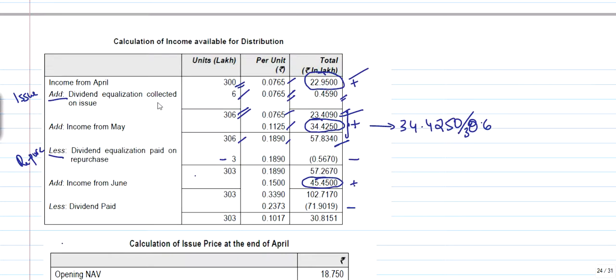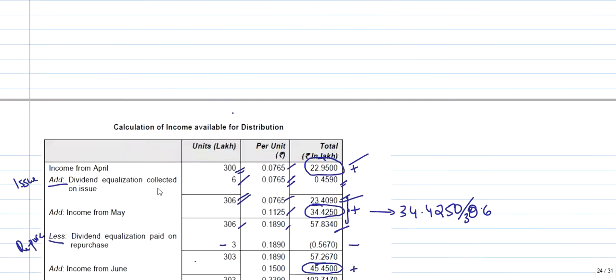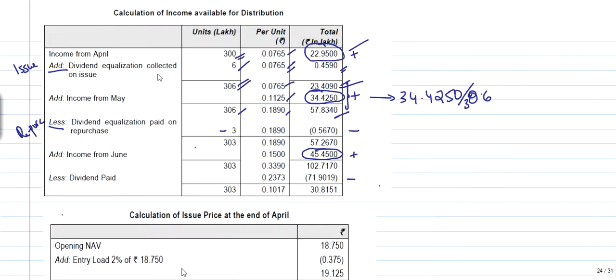It should be deducted. Then you have to add June income as mentioned here, 45.45, divided by 303, you will get 0.150. Then 57.2670 plus 45.45, you will get 102.7170 divided by 303, you will get 0.3390. Then 70% dividend paid, so you can calculate like this also.